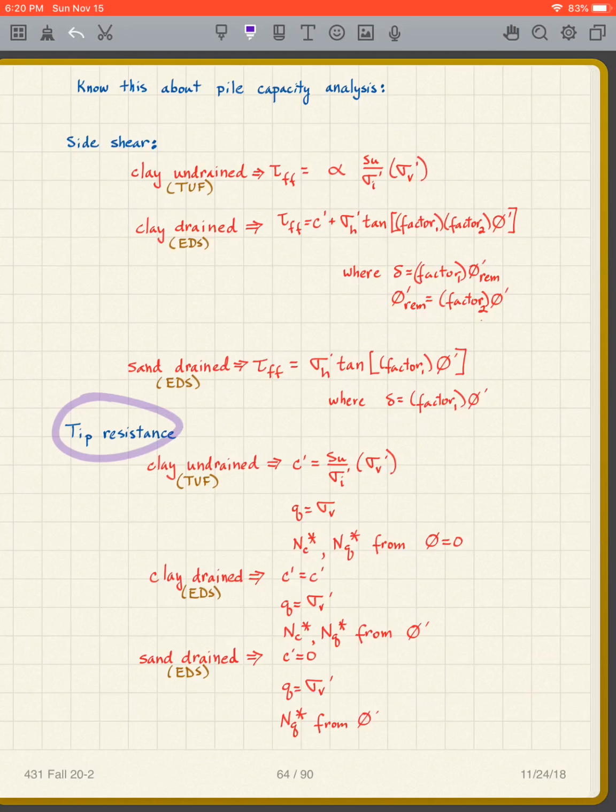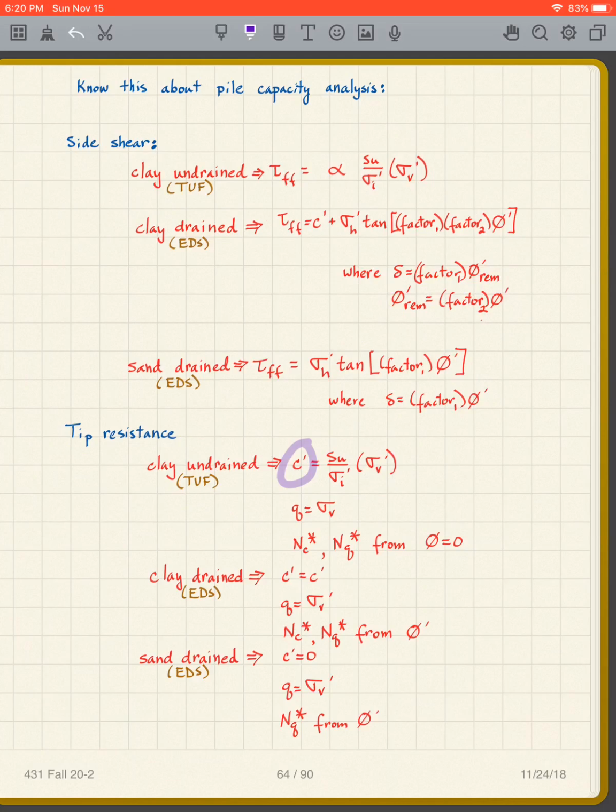Now, when we do the tip resistance, though, so let's get that part right. Remember, when we have clay undrained, which is tough, total and undrained fast, we use, remember we had a trick with the C prime in our equation. It's going to be SU over sigma prime I times sigma prime V. It has nothing to do with phi prime, C prime rather.